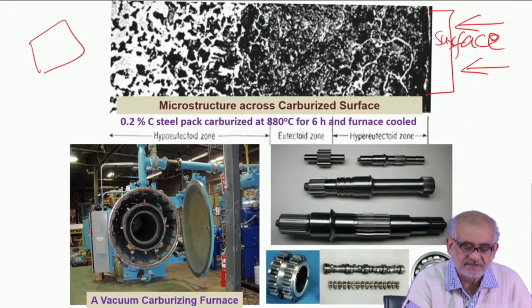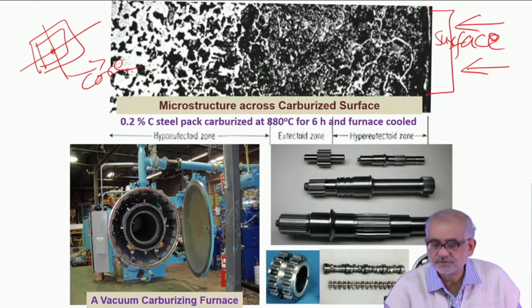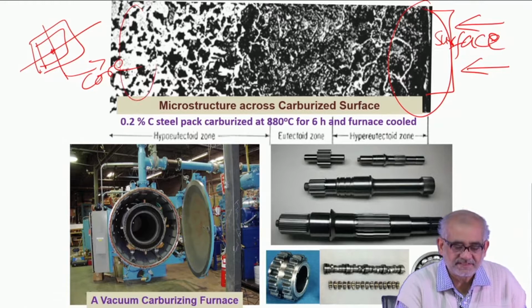So if we have a sample like this, this is how we are treating it. If I take a section and just look at half of it, then this is the core and this is the surface. So this is the maximum carbon enrichment, and this area is unaffected.